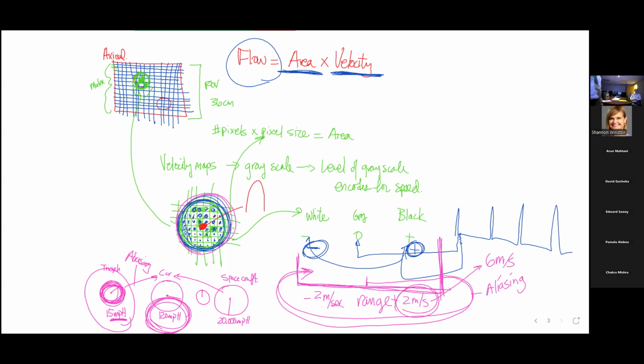If we set the velocity range to be 20 meters per second, then we'll be in this situation where we don't accurately measure the velocity because we won't be able to detect it very well, okay? It's not moving enough along the dynamic range in order to appreciate a difference between, let's say, 14 to 20, right? It just can't separate that for you, and that could be clinically important information.